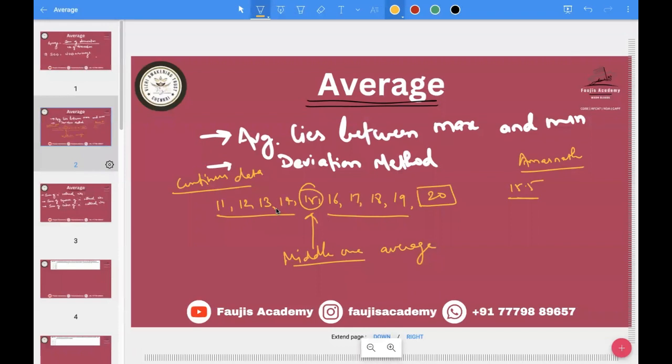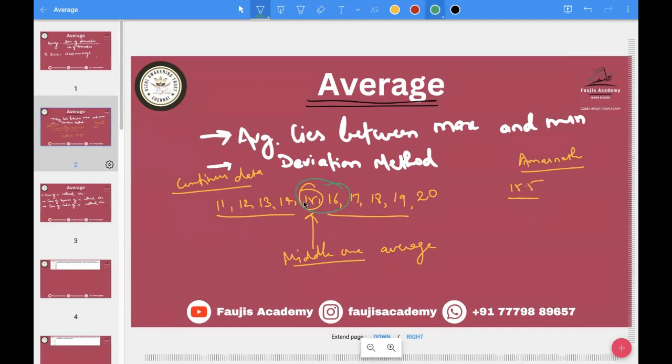Amarnath, now you tell me, in this case, if I include 20 as well, what are those two middle observations that we'll have to take into consideration? 15.5 is the answer, Amarnath. But I asked you, what are those two middle observations? 15 and 16.